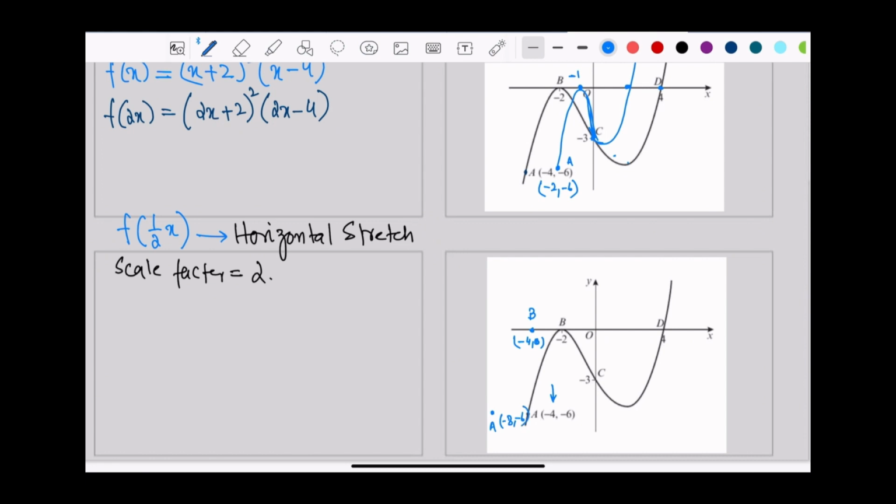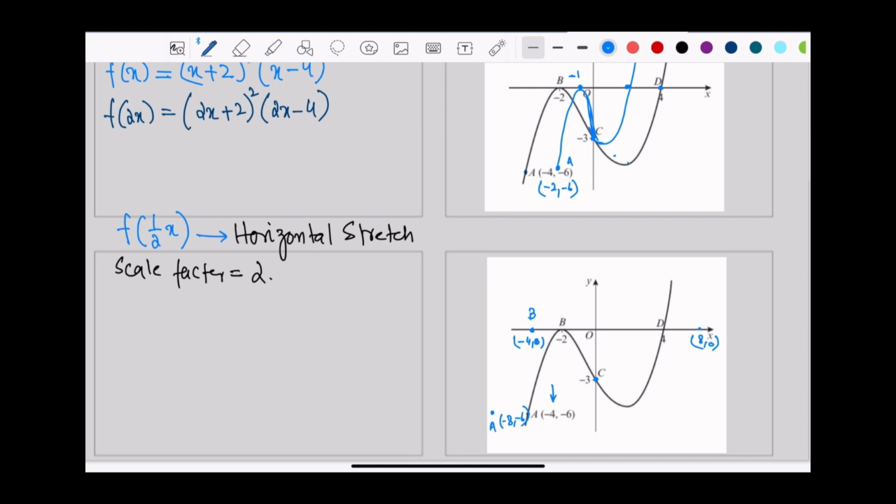C, which was 0 comma negative 3, remains there because the x coordinate times 2 takes it to 0. So 4 times 2, which is going to be 8 comma 0.